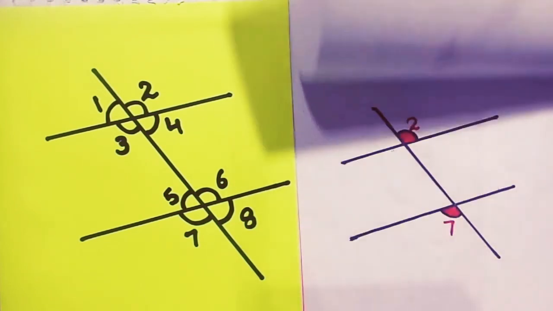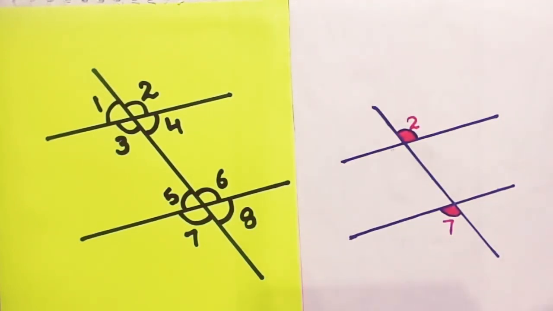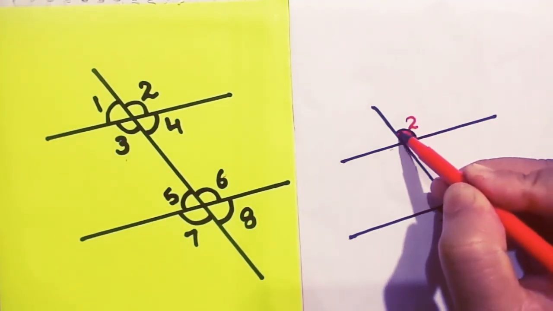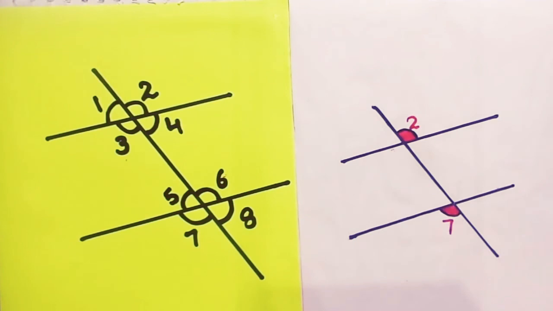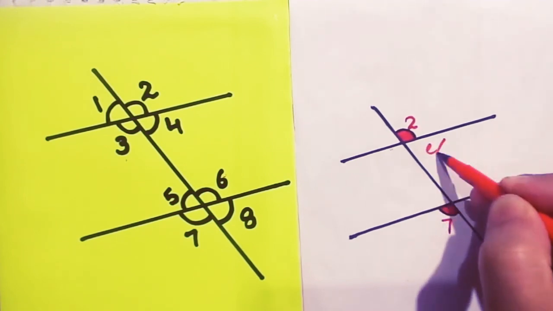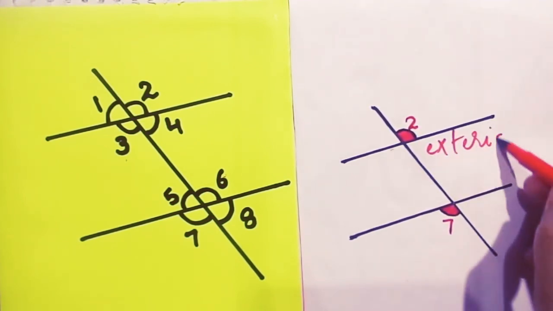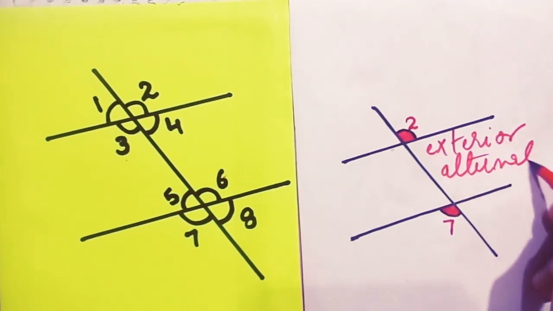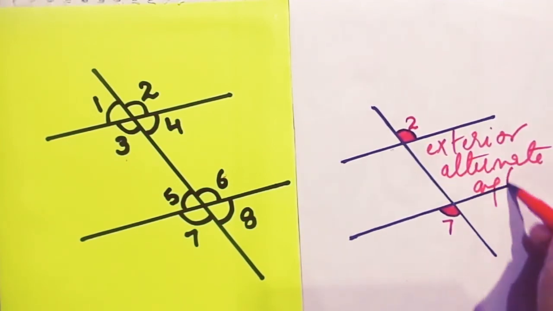Let's have a look at 2 and 7. So we shall be forgetting all of them. And then we shall just have a watch on 2 and 7. So here 2 and 7 are exterior alternate angles.